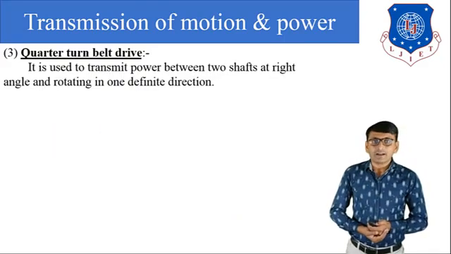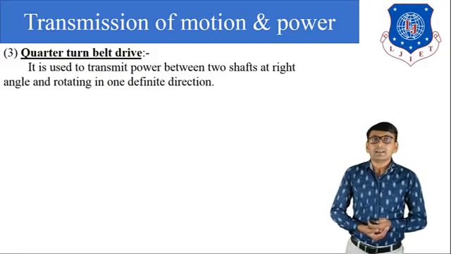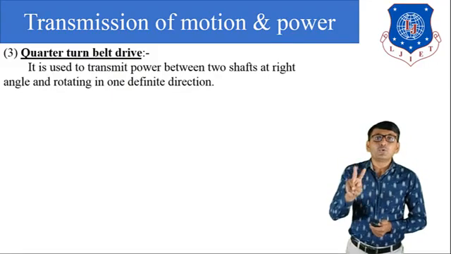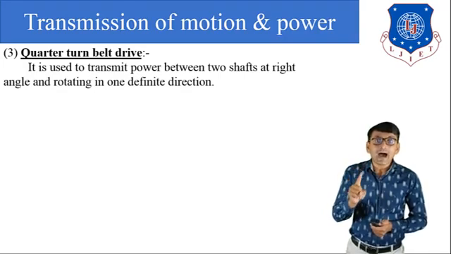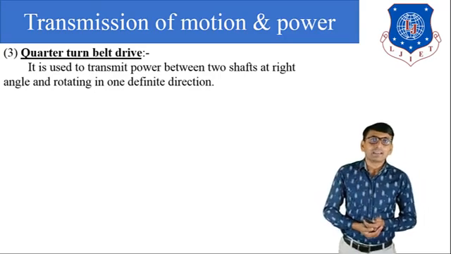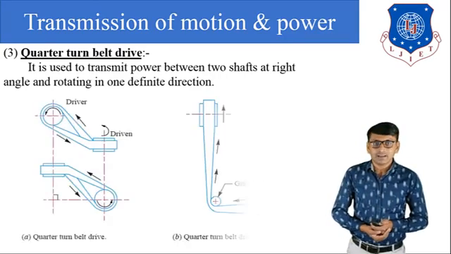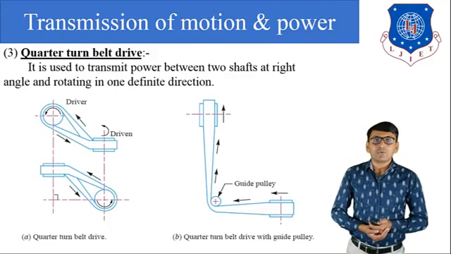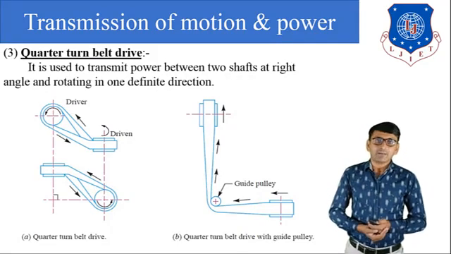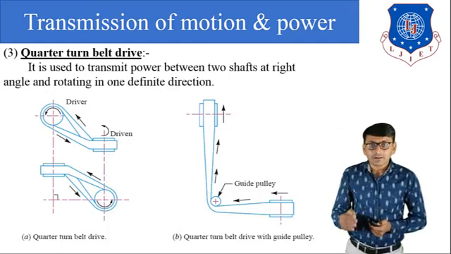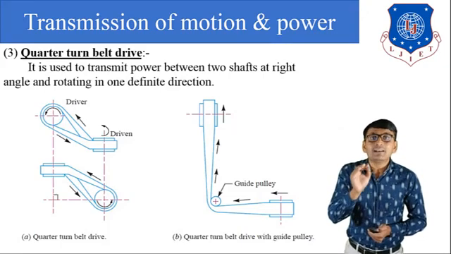Then third one, quarter turn belt drive. It is used to transmit power between two shafts which are at right angle to each other and rotating in one definite direction. So this is the diagram of quarter turn belt drive. In the first diagram, there is a quarter turn belt drive, and in the second diagram, there is a quarter turn belt drive with idler pulley.